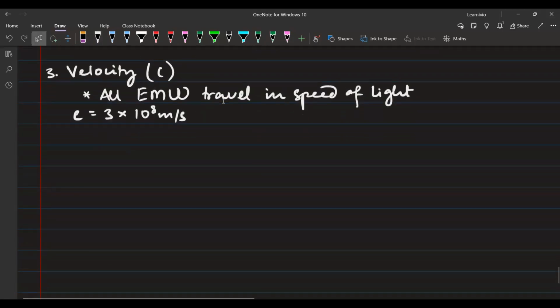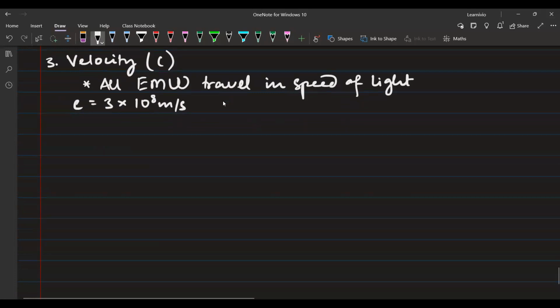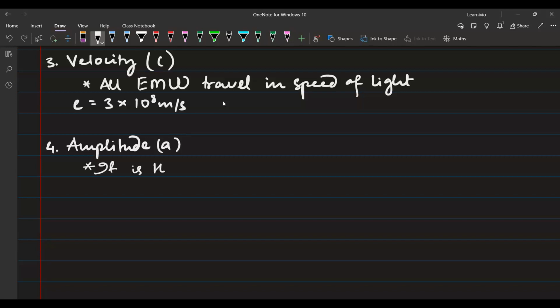Write the next one, the fourth one. Amplitude. Amplitude is denoted by small a. Right? It is the height of crest or depth of trough.